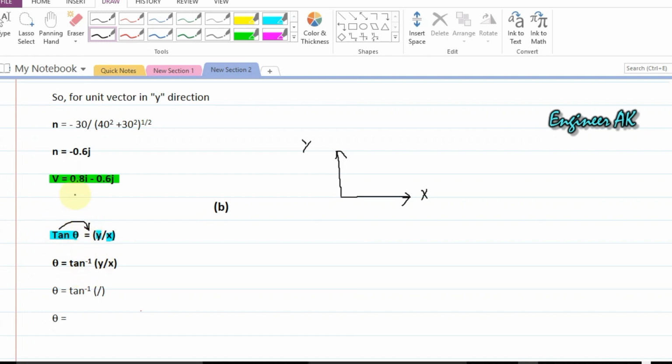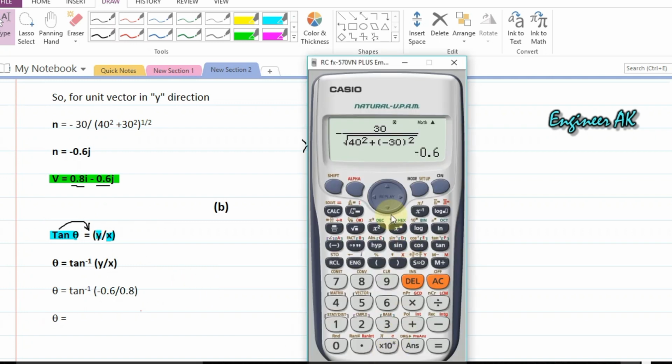So let's plug in the values: for y we have 0.6, and for x we have 0.8.